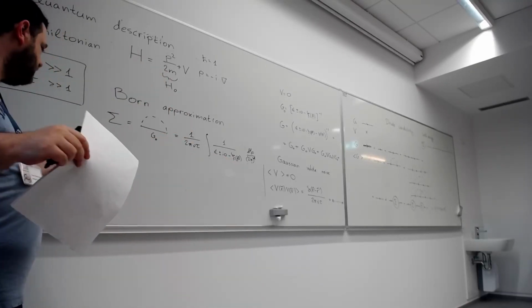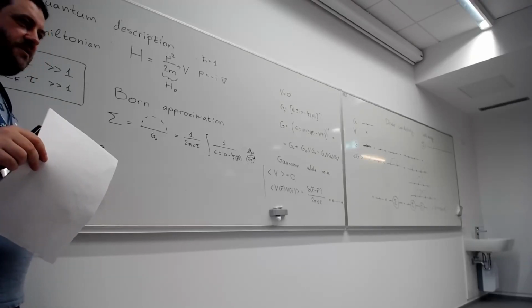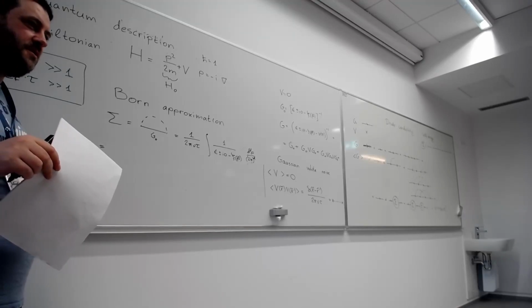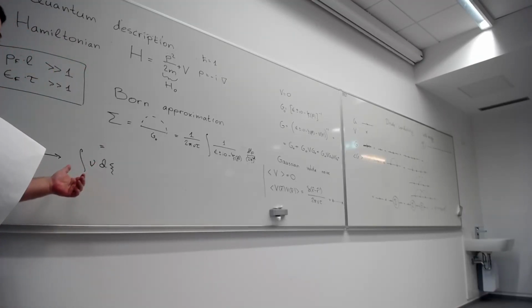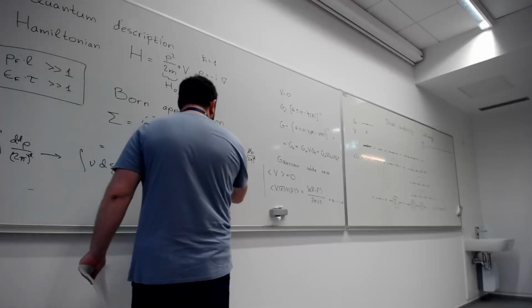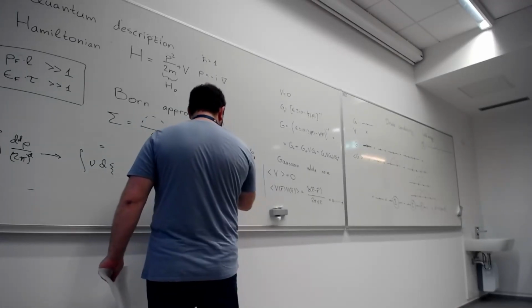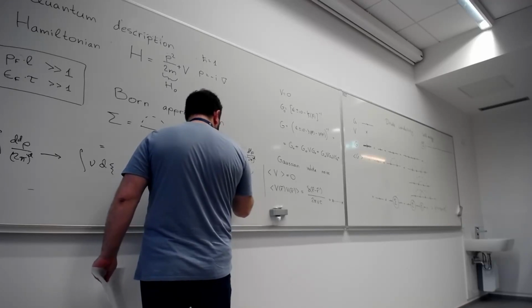From the variable p, we go to the variable psi. And the coefficient we get here is exactly the density of states. This is not the exact change of variable, it only applies near the Fermi surface, but for our purpose it will be enough to do this. So this integral, I just write it as an integral over psi of 1 over epsilon plus or minus i0 minus psi.